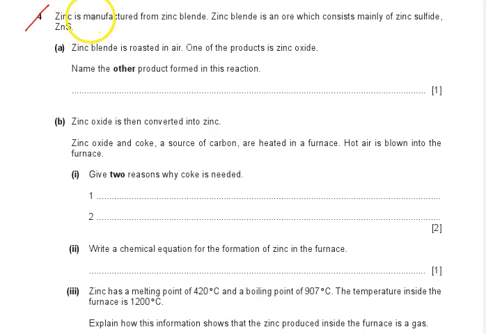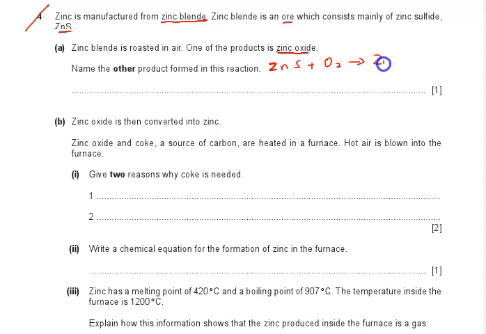Okay, number 4. Zinc is manufactured from zinc blende. Zinc blende is an ore which consists mainly of zinc sulfide. Okay, zinc blende is roasted in air. One of the products is zinc oxide. Okay, name the other product. Okay, now here zinc blende roasted in air.